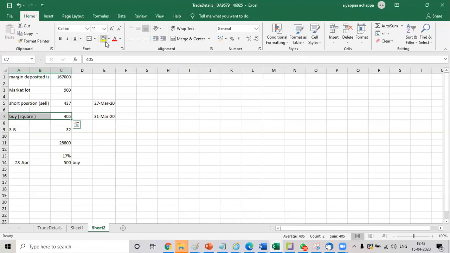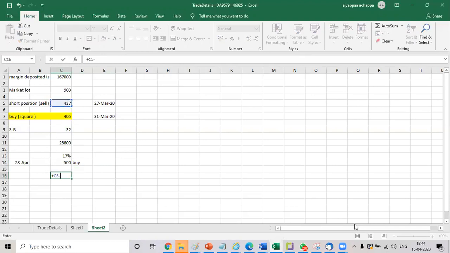You thought the price may come down, but the price went up to 500. 437 was your sell rate, 500 will be your buy rate, because on 28th April you will have to buy it in the spot market at 500 and give it at 437. You get only 63 rupees loss, so you'll have a loss of 63 into 900. Your loss will be 56,700.